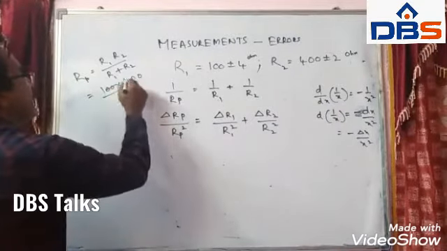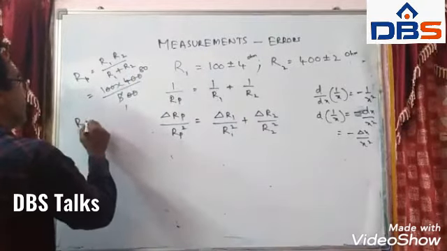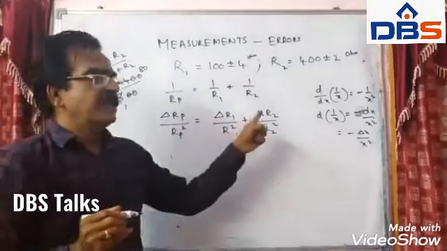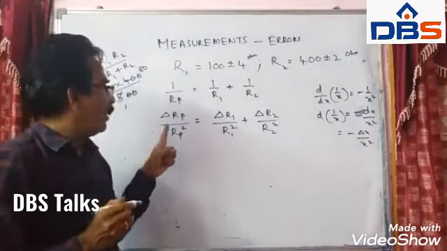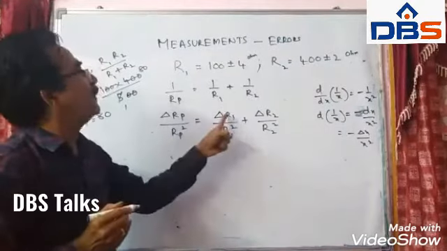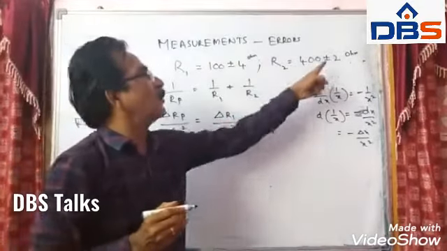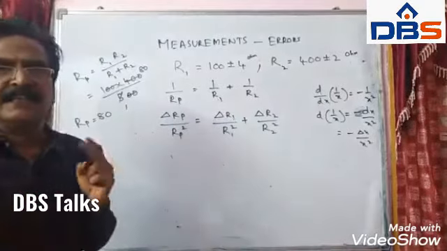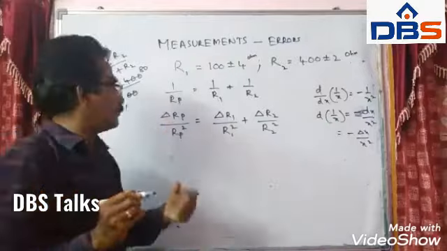Zeros cancel, 5 eights are 40, so Rp is equal to 80. So here we know all the things, friends. We know Rp, we know delta R1 4, R1 100, delta R2 2, R2 400. Everything is known. Just let us simply substitute.